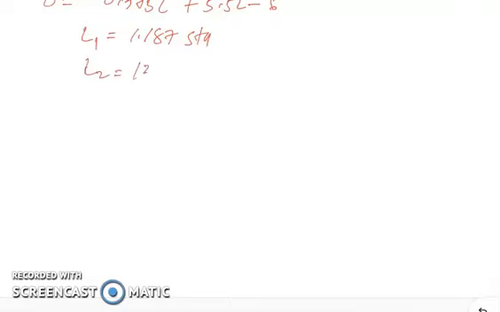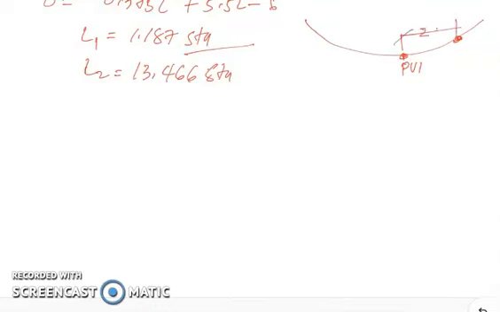The first one is not feasible, since from our curve, if this is our PVI, the point of interest has a distance of 2 stations, because this is 110 plus 00 and this is station 112 plus 00.